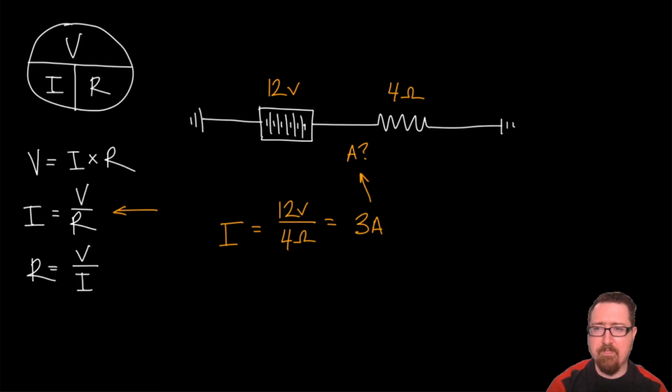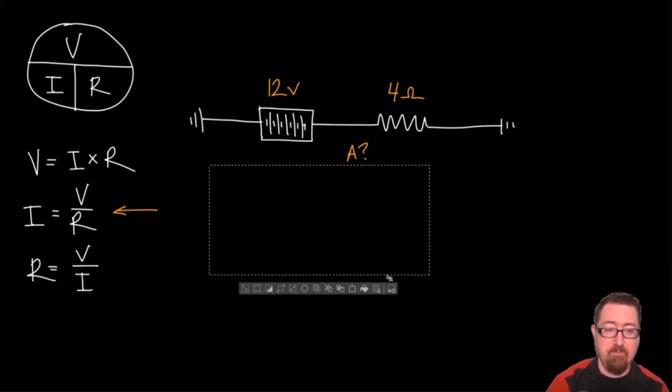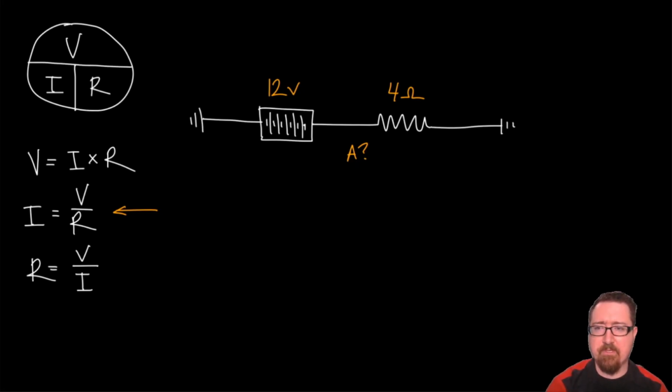Alright, let's go ahead and erase that as well, and we'll show you one more example here before we get into a couple other ideas or thoughts. Okay, so let's say we don't know our voltage. Voltage is a question mark.